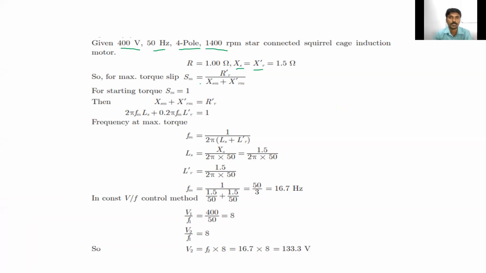So Sm is equal to Rr dash upon Xsm plus Xrm dash.